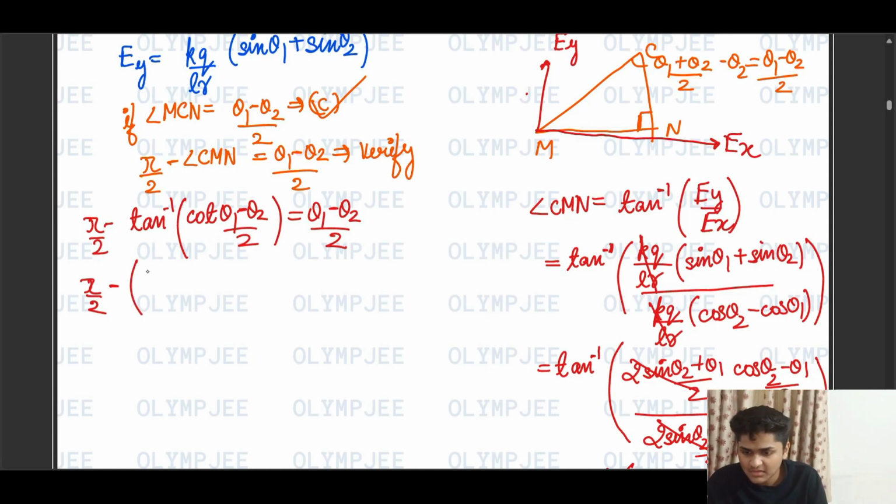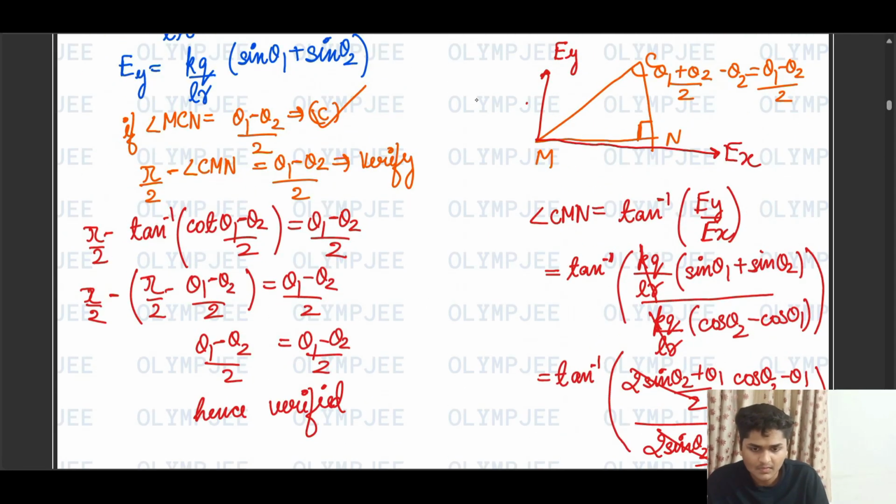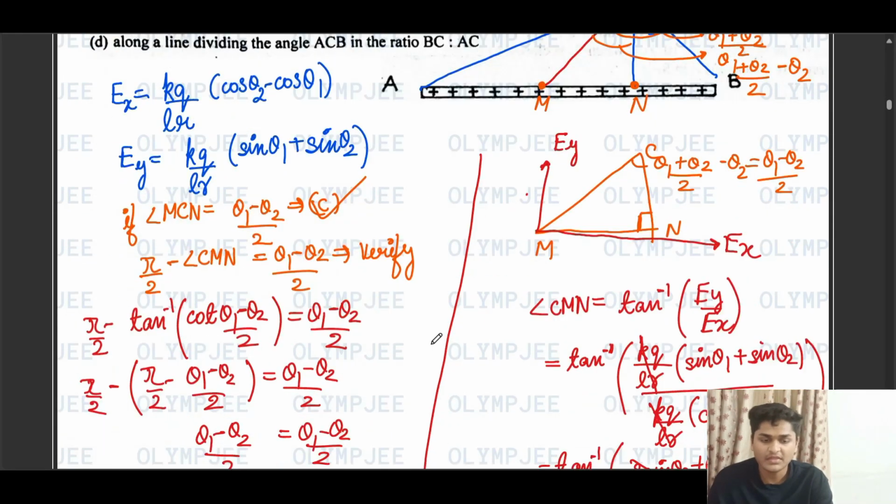So we can write this as pi by 2 minus theta 1 minus theta 2 by 2. So this will become theta 1 minus theta 2 by 2 is equal to theta 1 minus theta 2 by 2, hence verified. So option C is correct. This was a nice question.